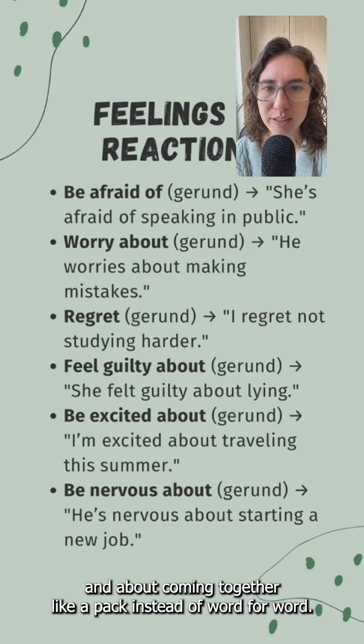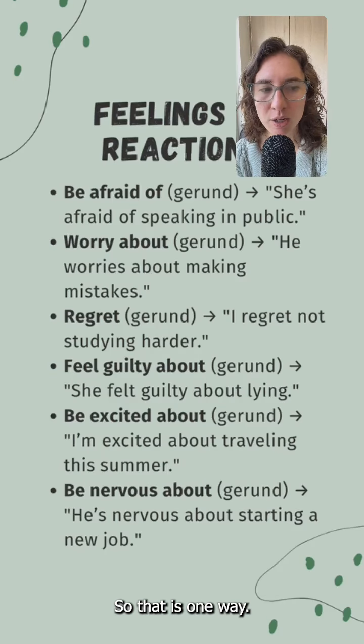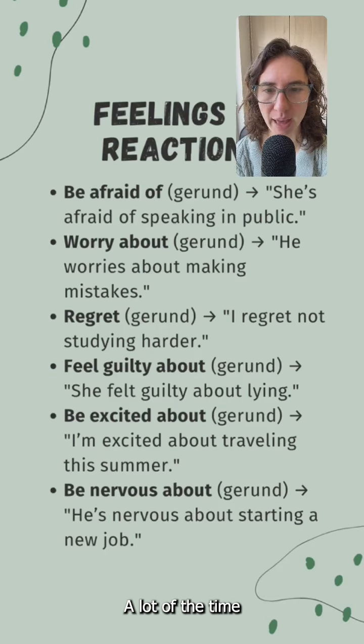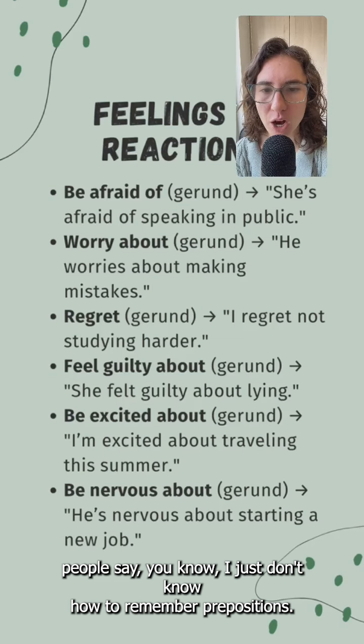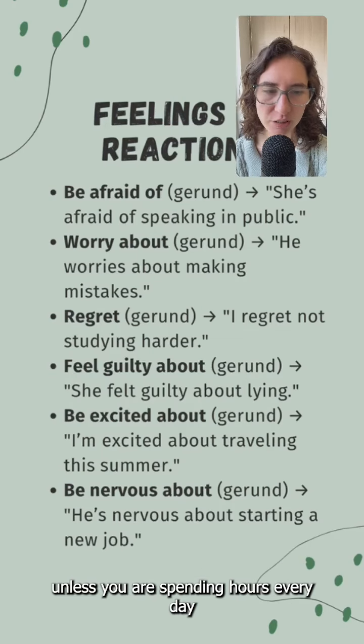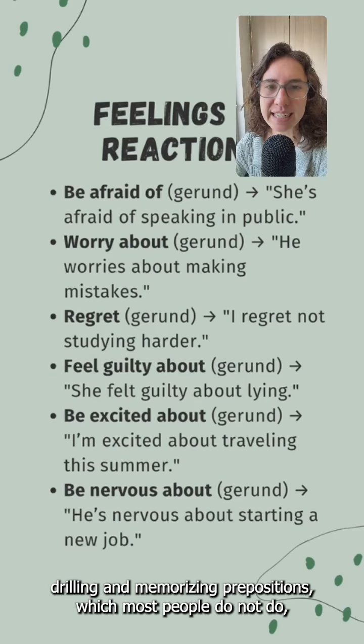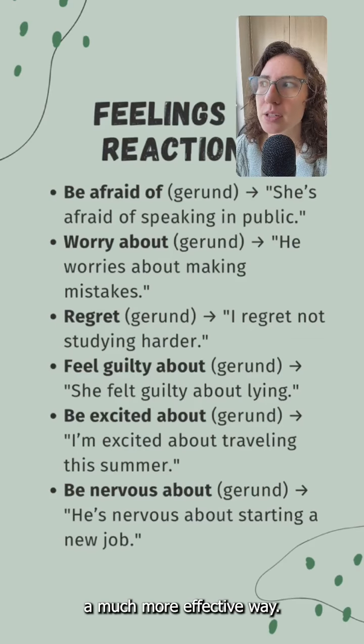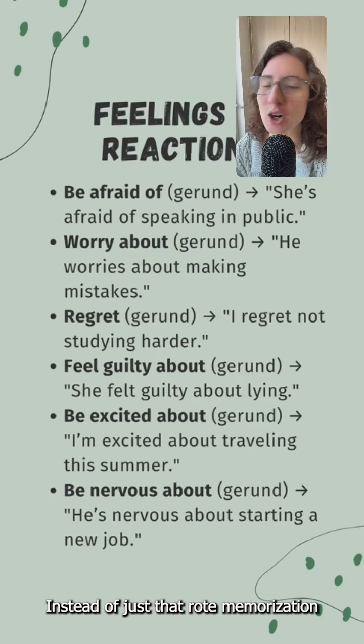So remember, all of these, the reason that I'm teaching them together is that they all have the ing verb after. I'm worried about not speaking English fluently. We're going to use the ing verb after all of these. I'm afraid of seeing a scary movie. I'm worried about my plane crashing.